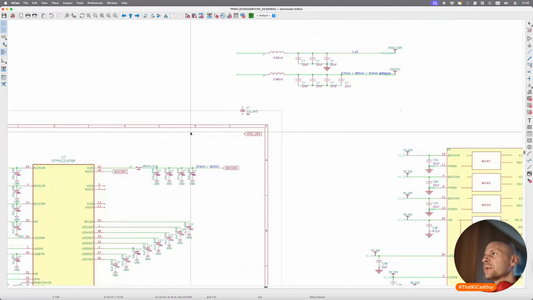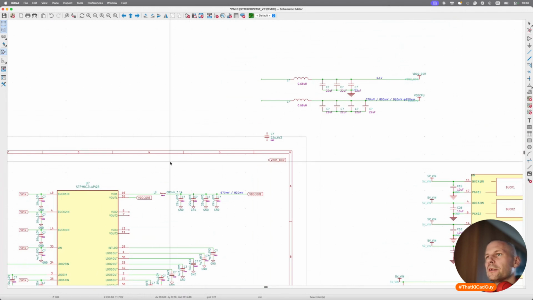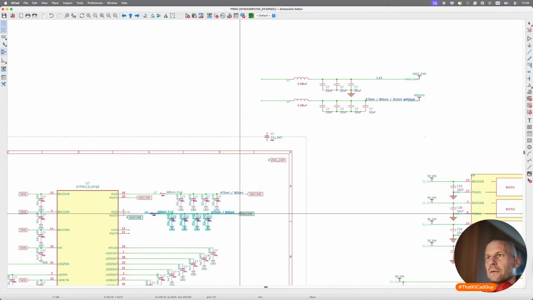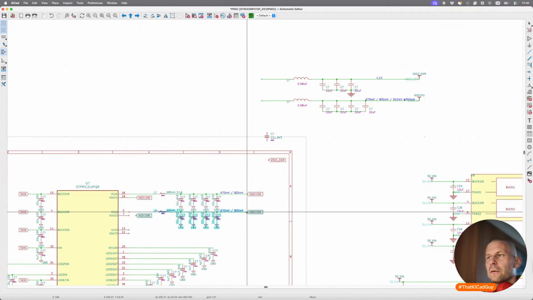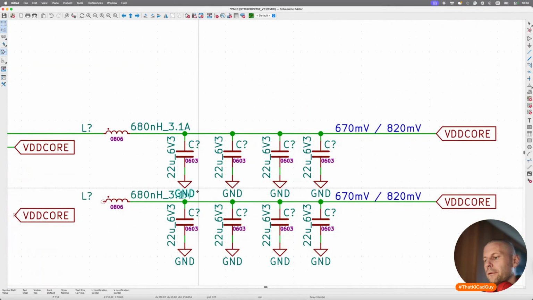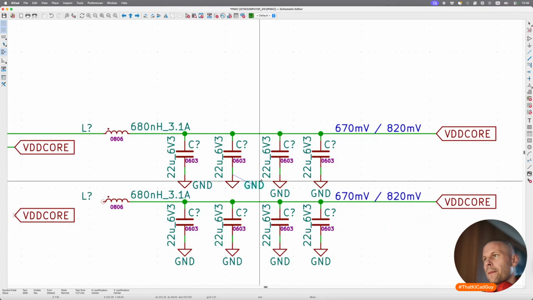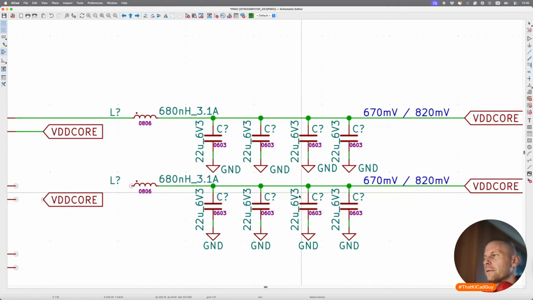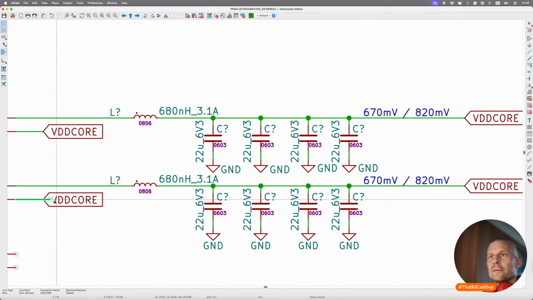Nice. So what's the second line? VDD2 DDR, okay, the same, just 3 caps. And slightly these grounds are mixing with, this is not the core.